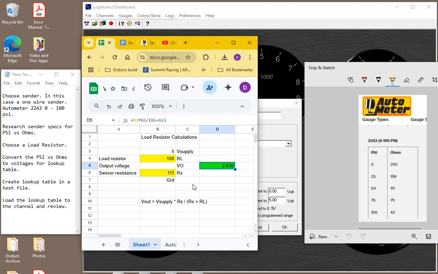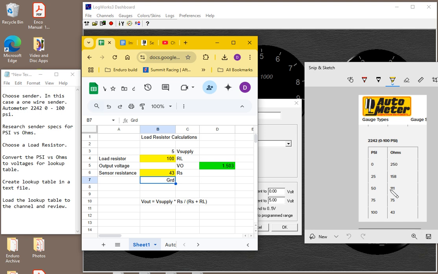At 75 psi, we have 75 ohms. That gives us 2.143 volts. And at 100 psi, we have 43 ohms. That gives us 1.503. So now we have our PSI, ohms, and voltage table.